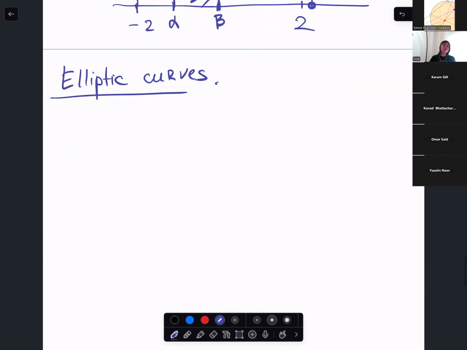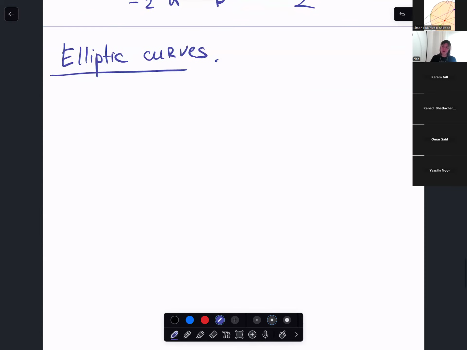By algebraic curve, I just mean take x and y, write an equation in x and y. That is something that you can draw, something that you can study. And people will often want to understand the set of points that these curves have over various domains, for example, over rational numbers, over complex numbers, over the integers, over finite fields, etc.